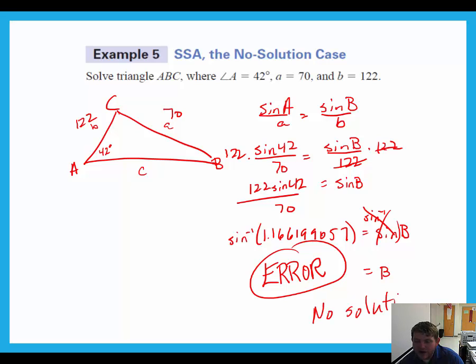The reason this can't happen is because in order for sine of b to be this value, that means that if you think about your unit circle, the y value would have to at some point reach 1.16, but the highest that the unit circle goes is 1. So anytime you get this number bigger than 1 equal to sine of an angle, you know that can't happen, and so you have no solution.